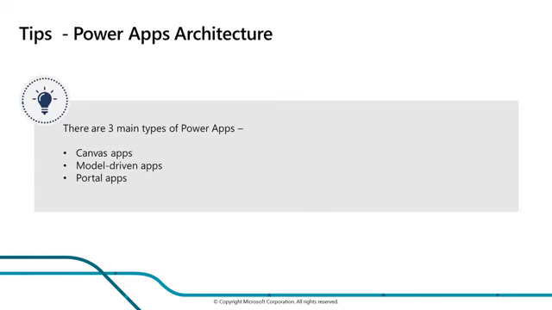Next tip is Power Apps architecture. Of course, you are already aware of these 3 different types of Power Apps, and you know the differences between them. So the canvas is this blank page, really focused on the device. The Canvas app will let you access device information, like for example localization or the camera, or all these things that sometimes are difficult to access when you are using a browser.